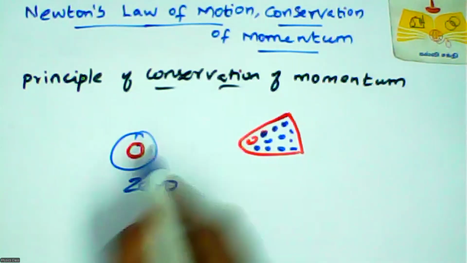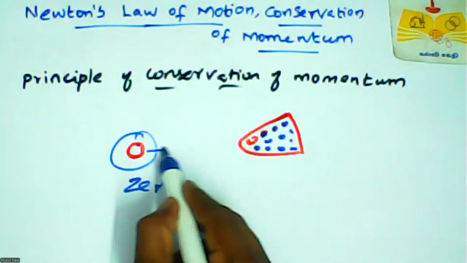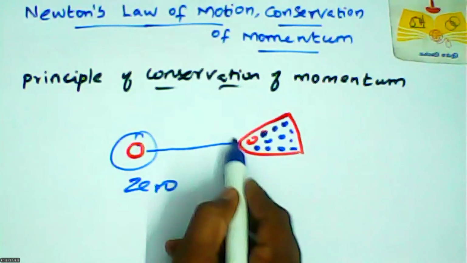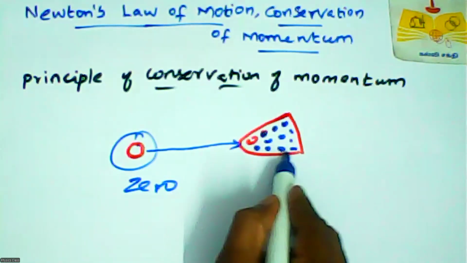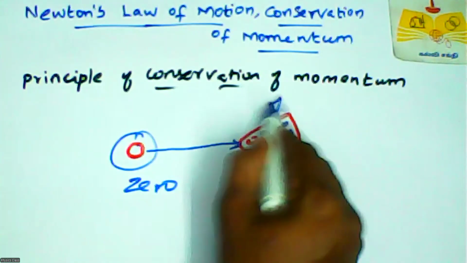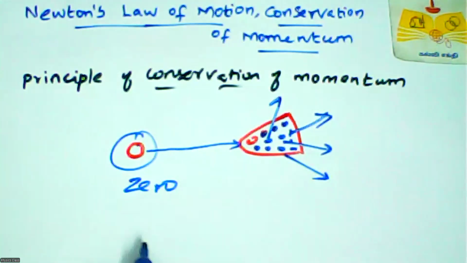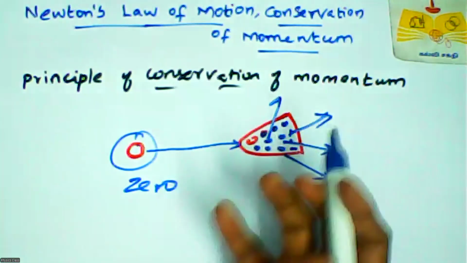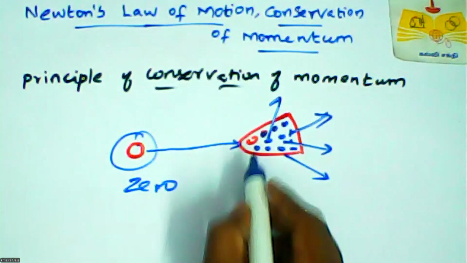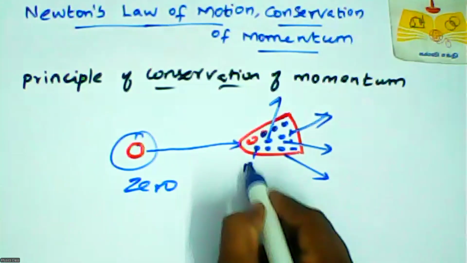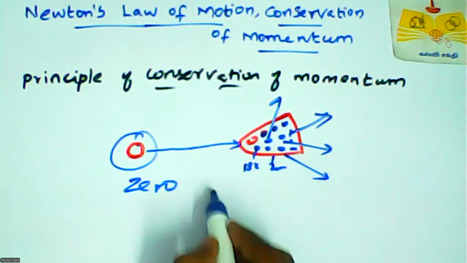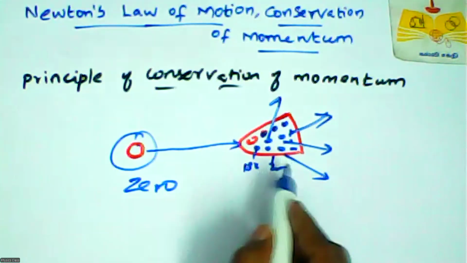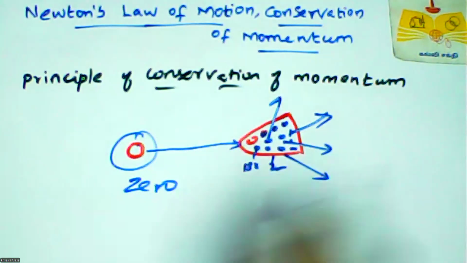After the cue ball strikes the rack, the balls scatter in all directions like that. But if you add up the momentum of every single ball, this is one ball, this is a second ball, you can add the momentum of every single ball.